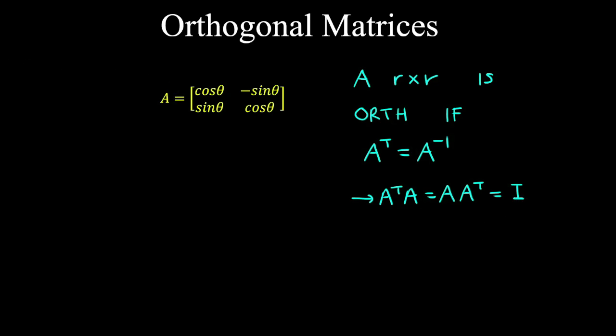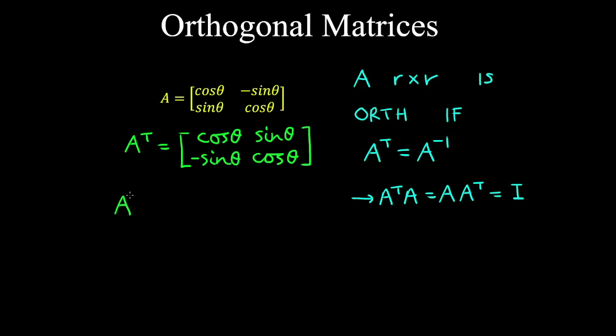So given this example, if we transpose A, we obtain cosine theta unchanged on the diagonal, and sine theta gets swapped with minus sine theta. And if we invert the matrix, we get the reciprocal of the determinant of A, where the determinant of A is cosine squared theta minus sine squared theta, which gives 1 by the trig identity.